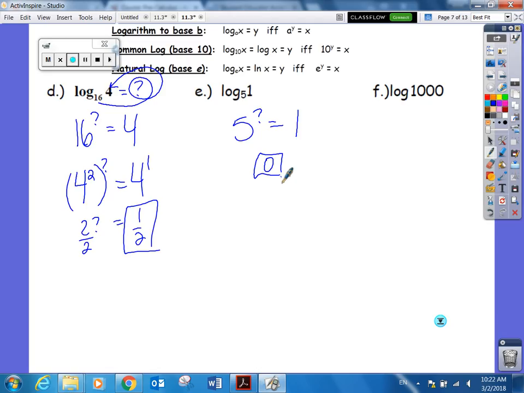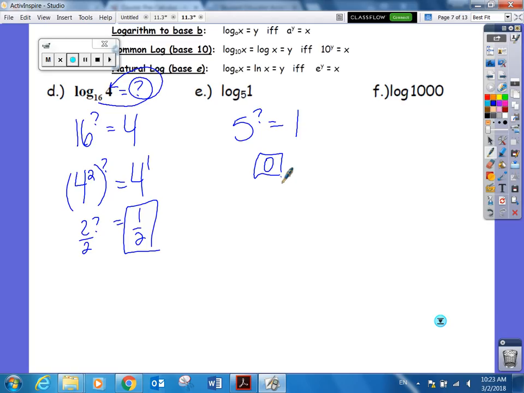Here, base 10 is understood. Another one, log of 1,000. Whenever you have log of 10, log of 100, log of 1,000, 10,000, a million, anytime you have a 1 with zeros after it, however many zeros there are is going to be the answer. So this answer is going to be 3.